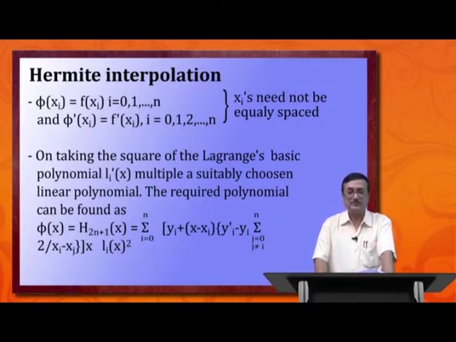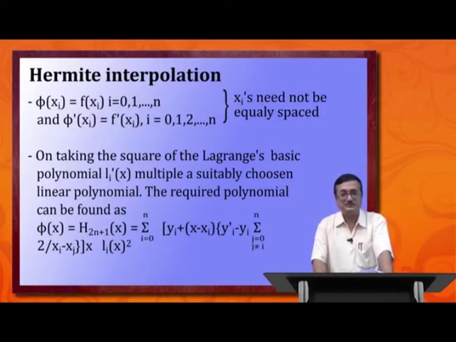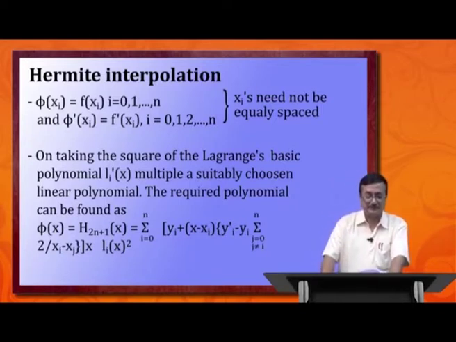If we square it, we get a polynomial of degree 2n, and if we multiply it with a linear polynomial, we get a polynomial function of degree 2n+1.